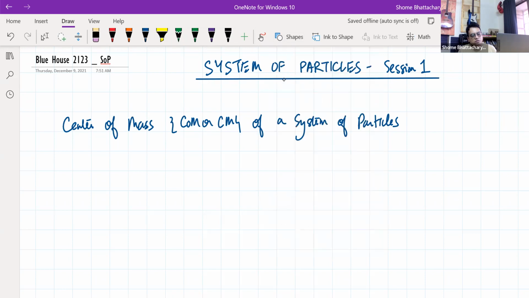Now, in order to define center of mass, first of all, let's understand the general concept of what a system of particles is. How can we classify a system as a system of particles?